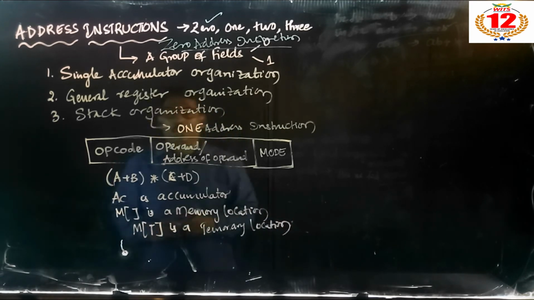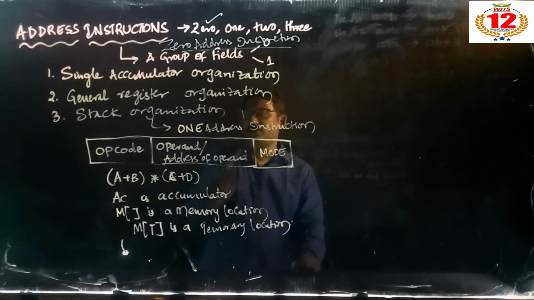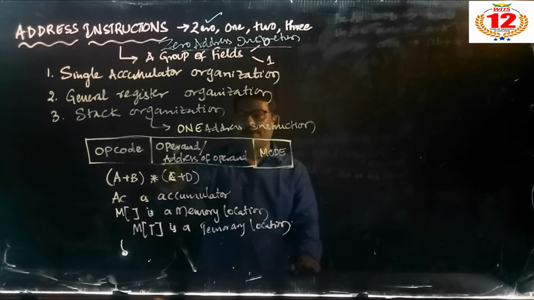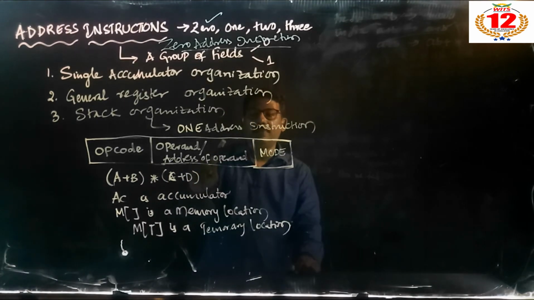So in one address instruction, opcode will be there, operand, that is address of the operand, will be given, and mode will be given. And here a plus b into c plus d, this is the equation previously which we seen. AC is an accumulator, M is a memory location, M of t is a temporary location.